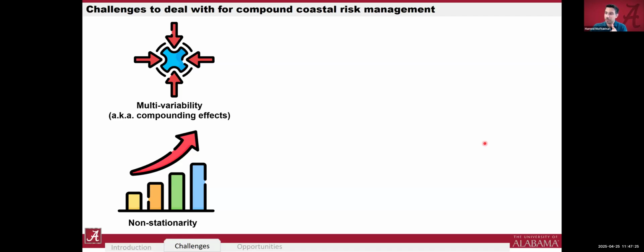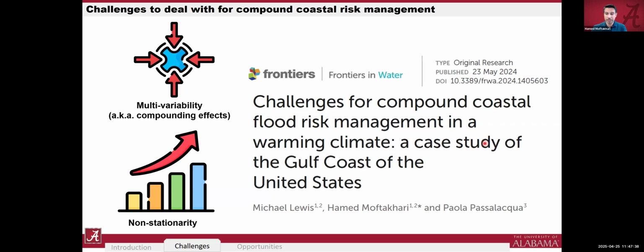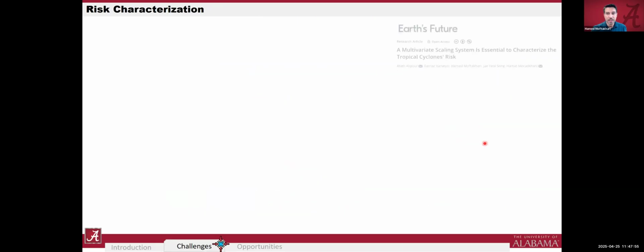We are dealing with the ever-changing dynamics of these events, but most of those frequency analyses are designed under a stationary state. For a detailed discussion of how policy documents and guidelines fall short in addressing these two challenges in compound extremes and compound flooding, please refer to this paper that we published last year.